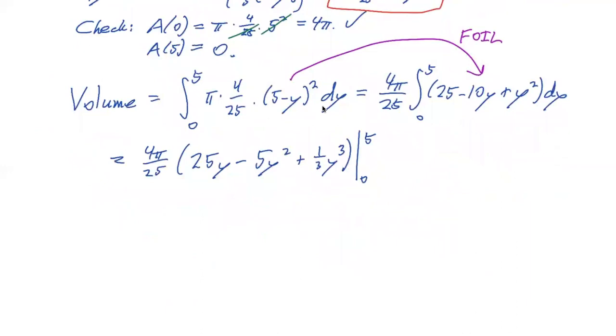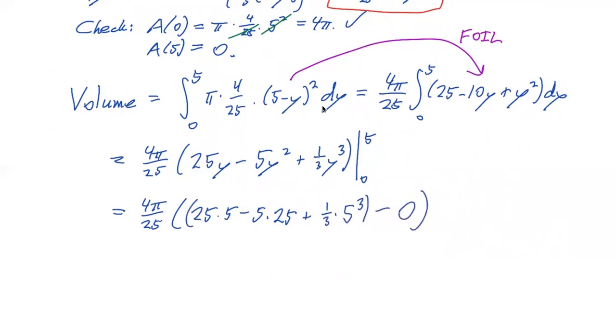Plugging in 0 actually gives you nothing. So it's 4 pi over 25 times 25 times 5 minus 5 times 5 squared plus 1/3 times 5 cubed, minus 0, really. When we plug y equals 0 into all those terms, they go away.